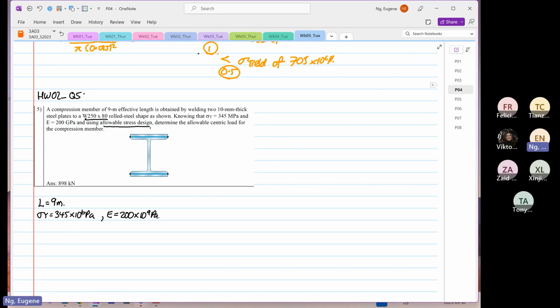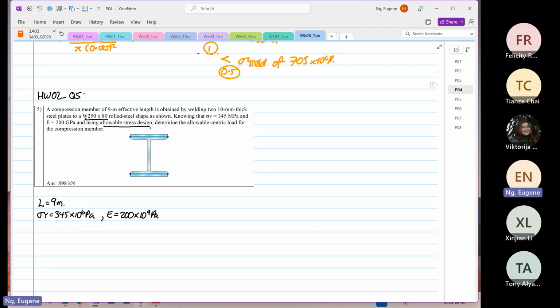So now we realize that we need to find some values now, okay? So we are going to find the structure, which is W250 by 80. Okay, so I'm going to get information.